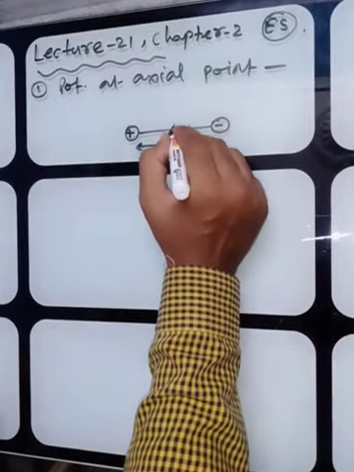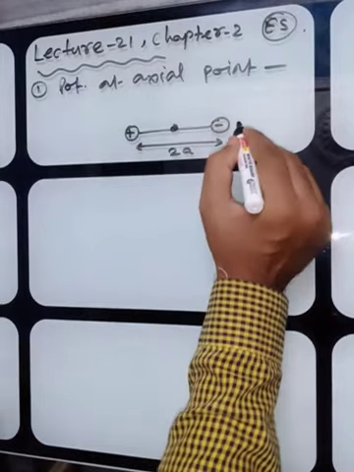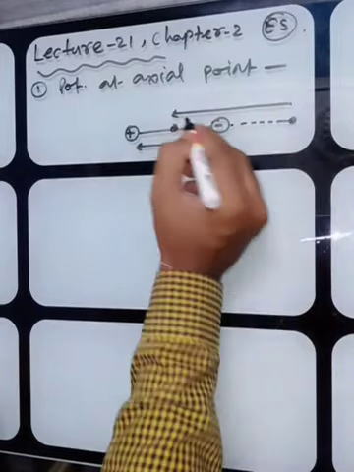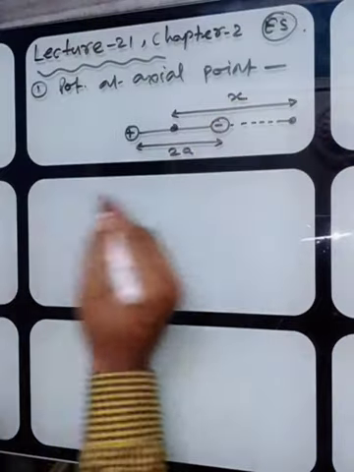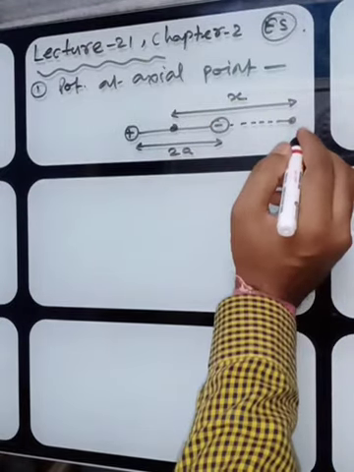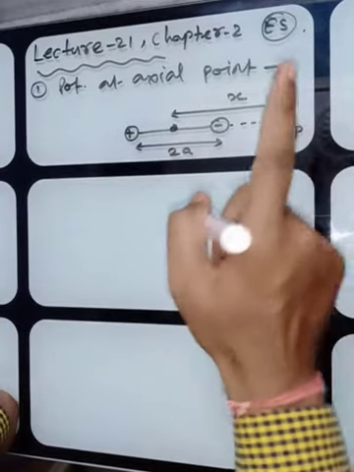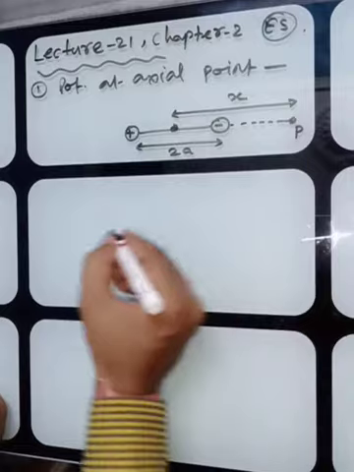From the center, you have to find the potential at distance x. Over here, at x, this is the point P. You have to find the potential at point P, that is Vp.